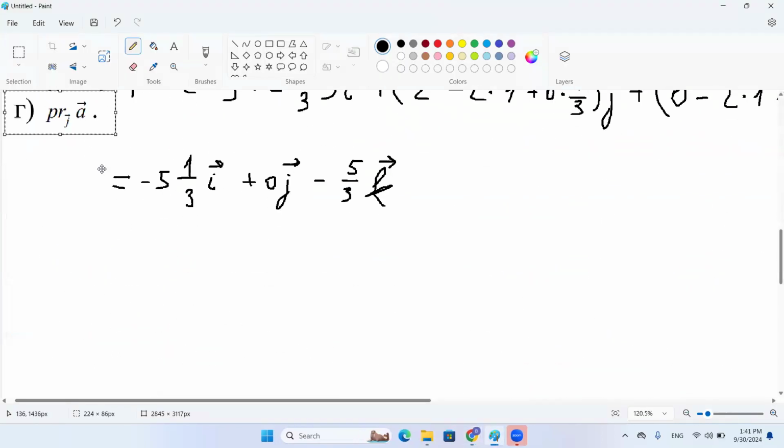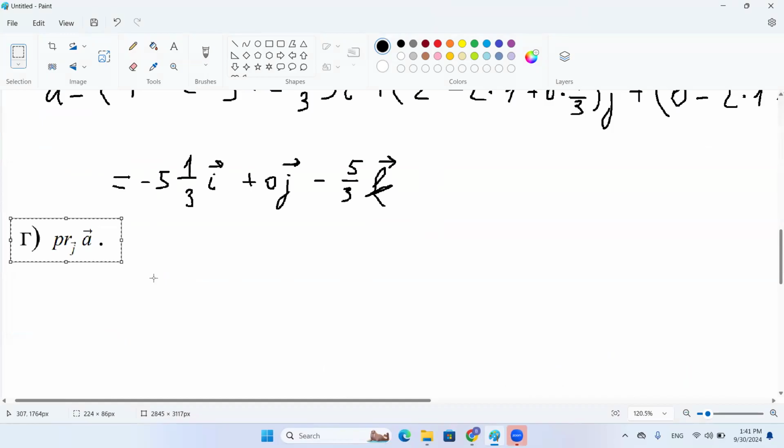So who knows how to find the projection? We have here just a unit vector. It's quite simple.